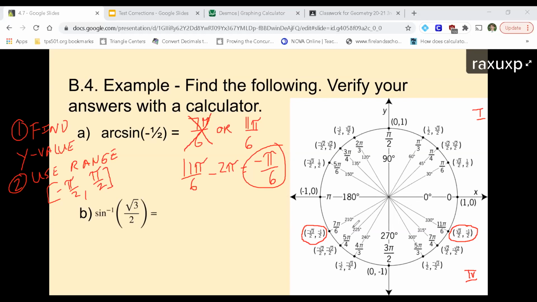So you almost always get 2 answers, and then you have to say which of those answers is in the right quadrant. And if your answer is in quadrant 4, you'll have to do this extra step where you subtract 2 pi to get the coterminal angle. But really, if this is pi over 6, then we know this is negative pi over 6, right?